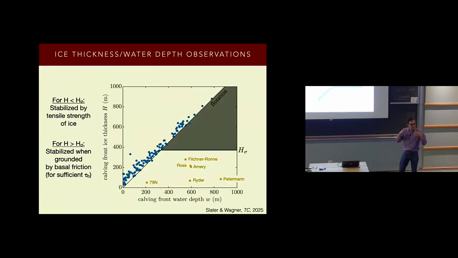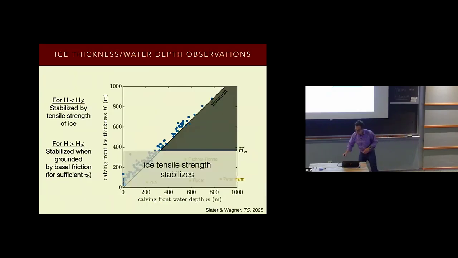And so that means as long as you have some basal friction, it will also allow for thicker, stable, grounded glaciers. And then once they hit flotation, you will lose that. So here, the gray is a calving regime. Everything that's white would be stable. And so the idea is ice tensile strength stabilizes below 400 meters, and basal friction stabilizes above 400 meters.